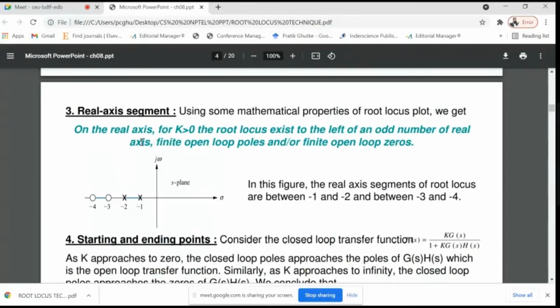So the cross sign indicates poles present in your transfer function. Means in the denominator side, there would be S plus 1 and S plus 2. And the circle indicates zeros in your transfer function. Means they would be lying on the numerator side. Are you getting?